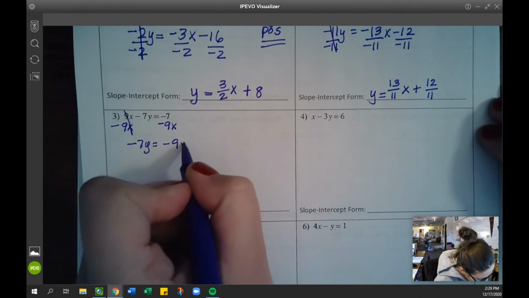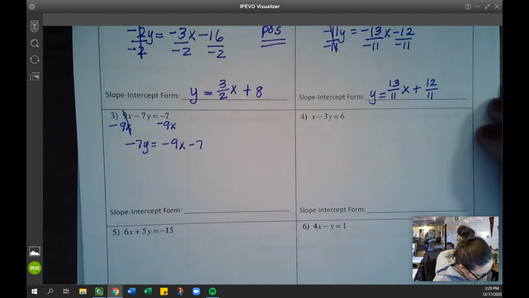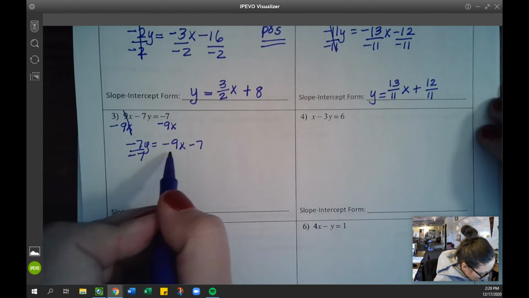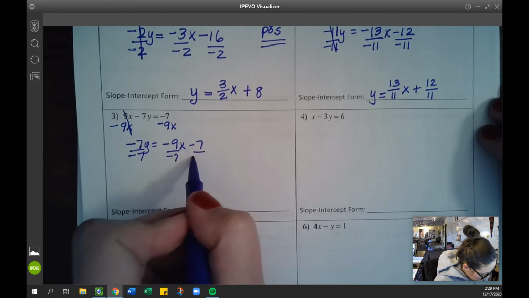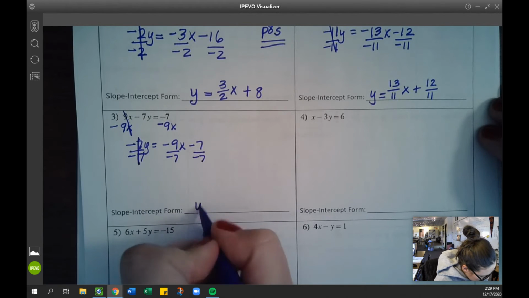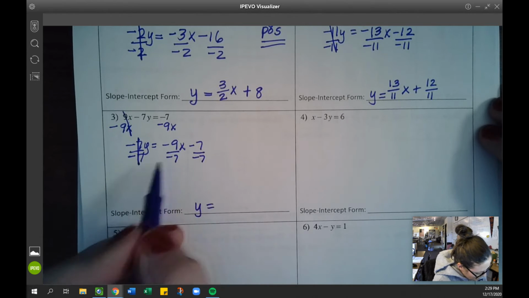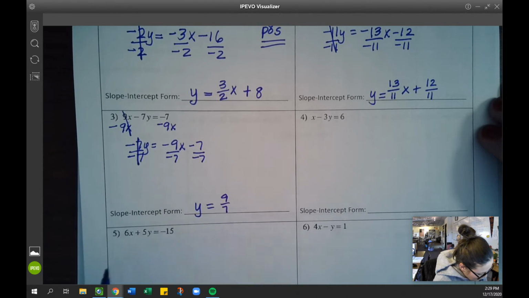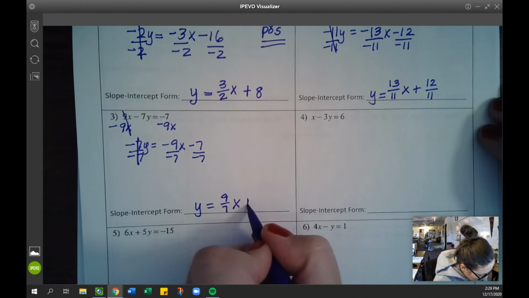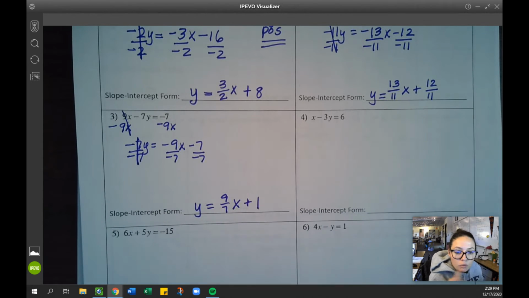I'm going to leave them as separate terms. Then I'm going to divide everything by negative 7. That's 1. Negative over a negative means I have positive 9/7 x. Negative 7 divided by negative 7 is positive 1.